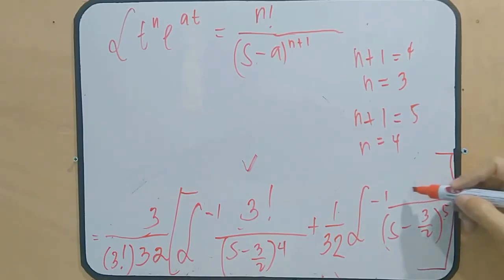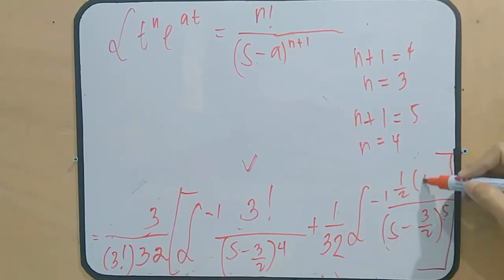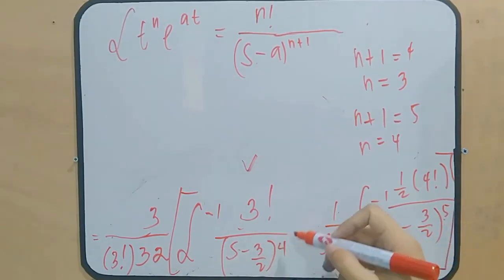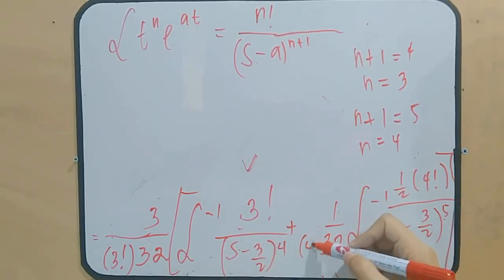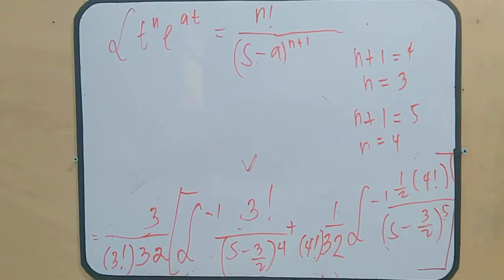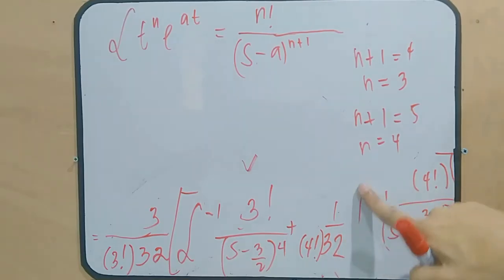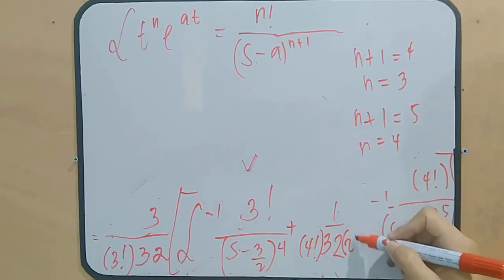So this is times 1/2 times 4 factorial. Then naglagay ka ng 4 factorial, sa labas is ibabalance natin siya. So this is times 4 factorial. So yun guys, apply na natin yung formula. So itong 1/2, ilabas na natin siya. So magta times 2 tayo dito.